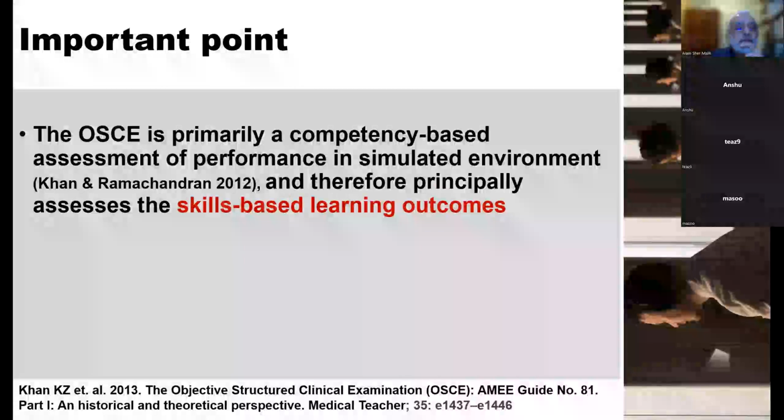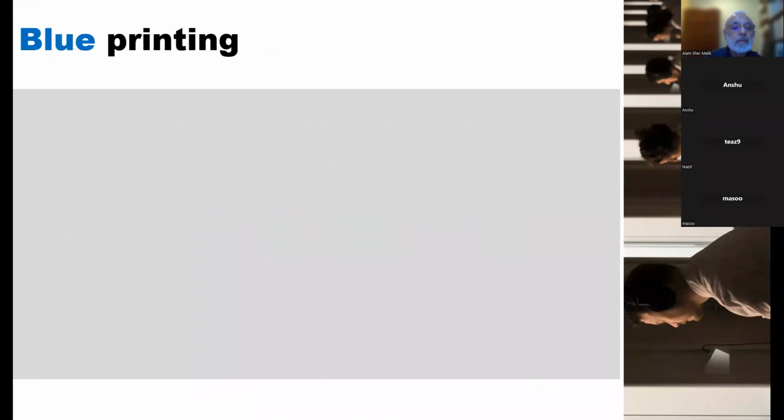So first thing, OSCE is primarily a competency-based assessment performance in simulated environment, and therefore principally assesses the skill-based learning outcomes, right? So OSCE should always be based on the skills, clinical methods.